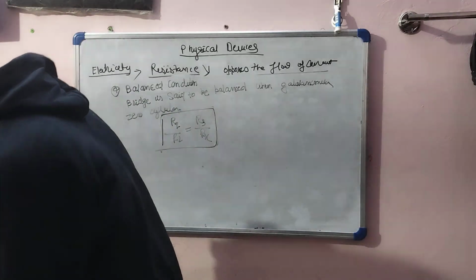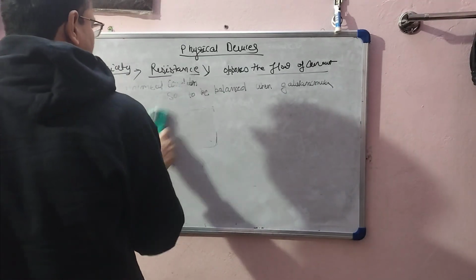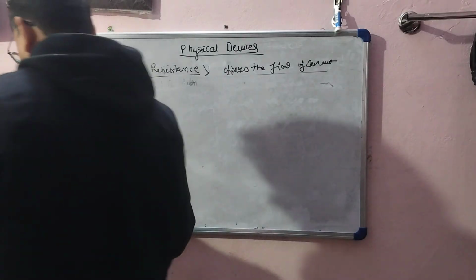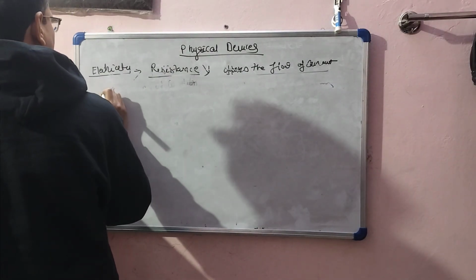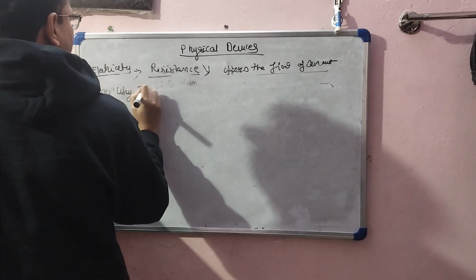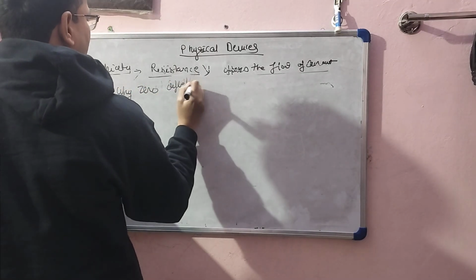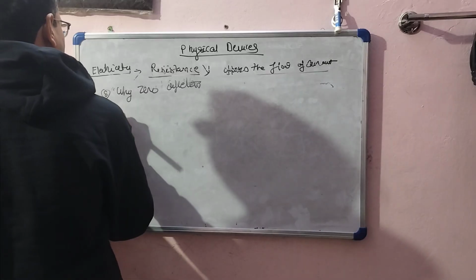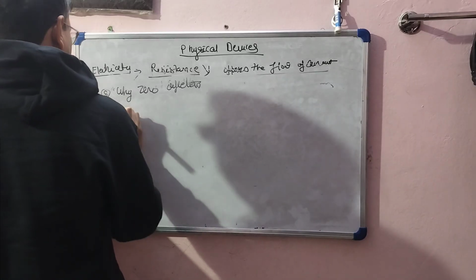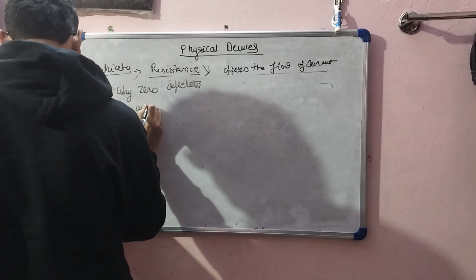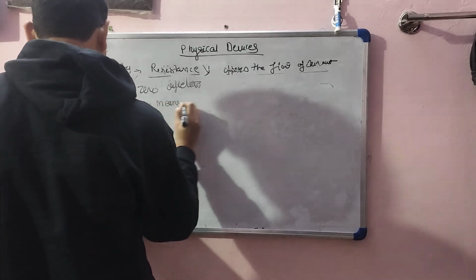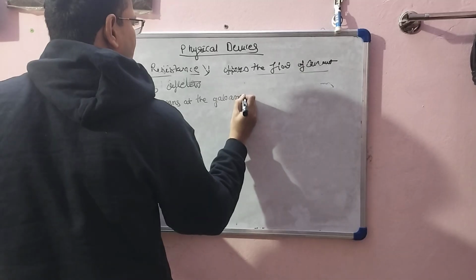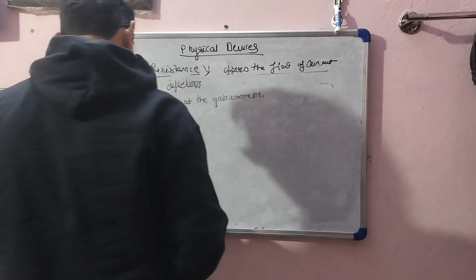Next point is why zero deflection. First point is that zero current at the galvanometer is zero.